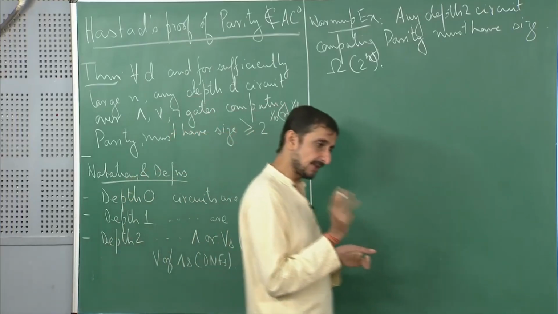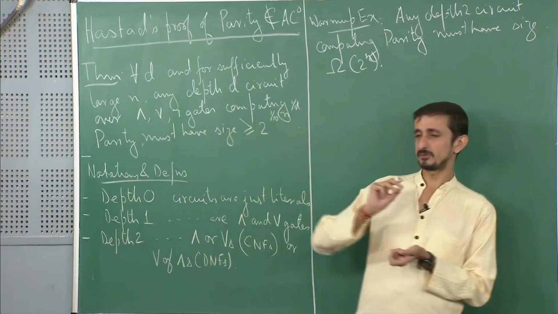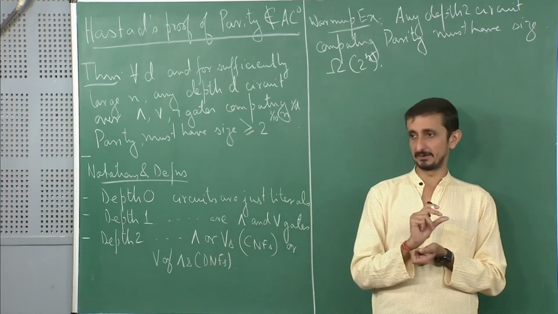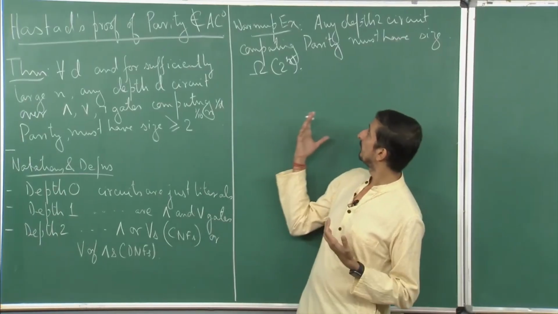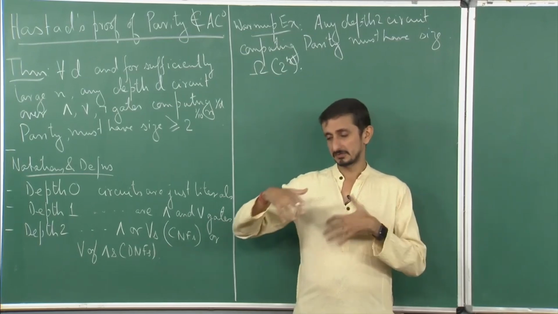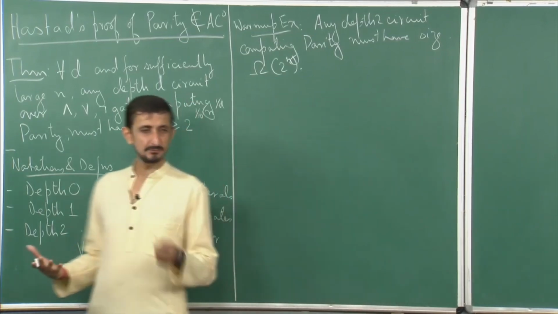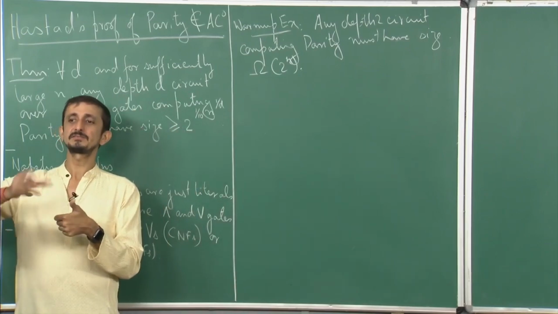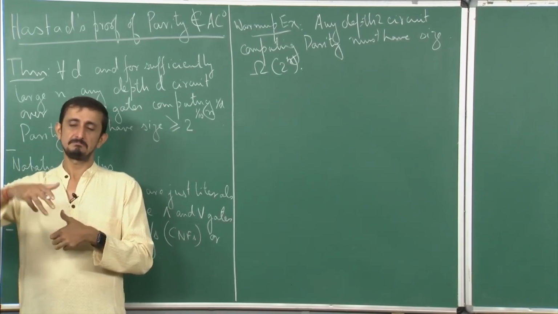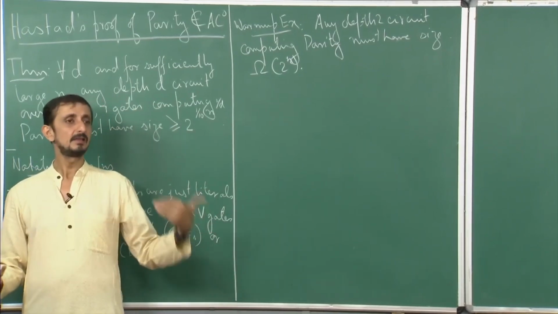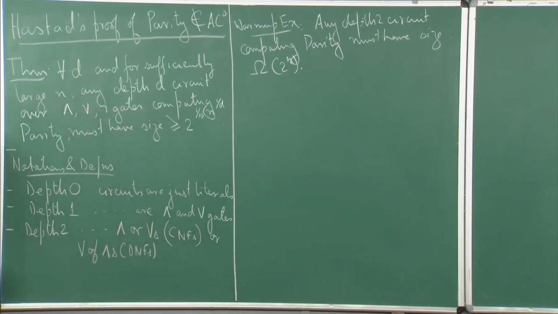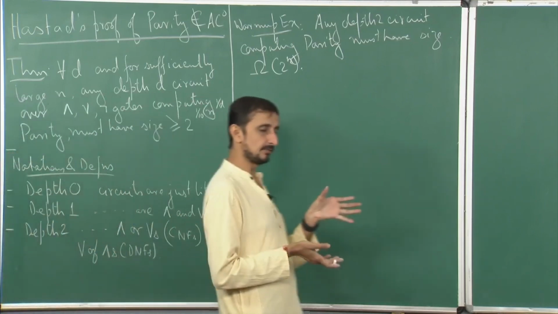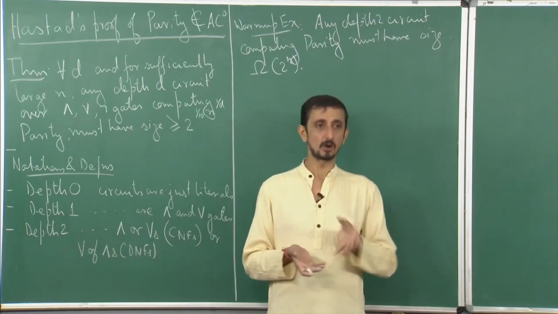Suppose a term has less than n literals, which means that there is one variable which is absent in the term. Such an expression cannot compute parity, because even if one literal is absent, I can always flip that literal and the value of parity would change, but it does not affect the circuit. So if I have a DNF circuit which has any term with less than n literals, it cannot compute parity.